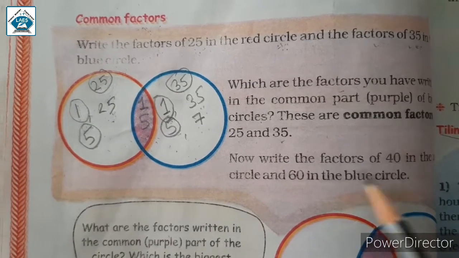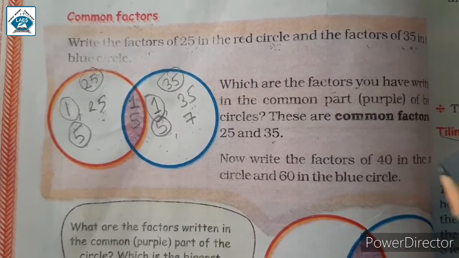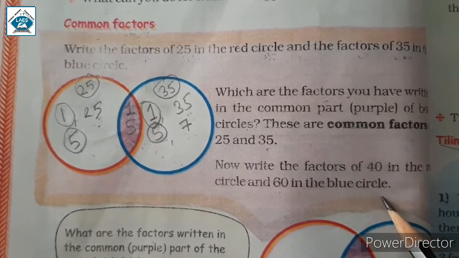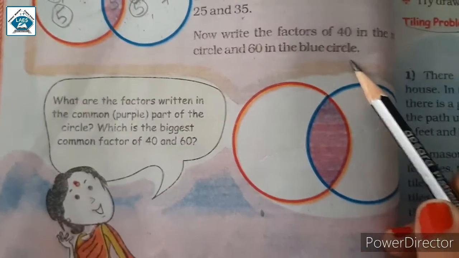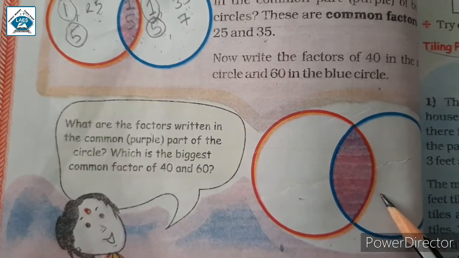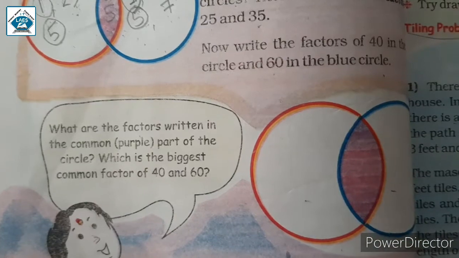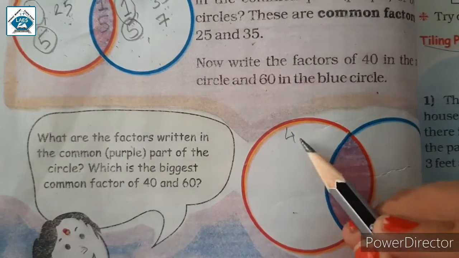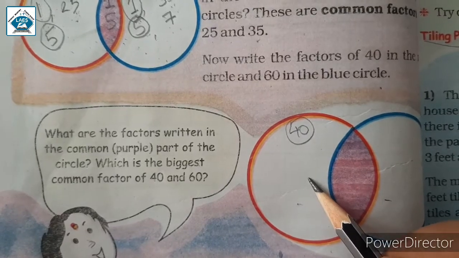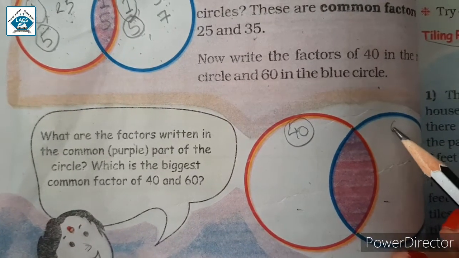Now write the factors of 40 in the red circle and 60 in the blue circle. So here we have the red circle and the blue circle. Here write 40 in the red circle and here write 60.